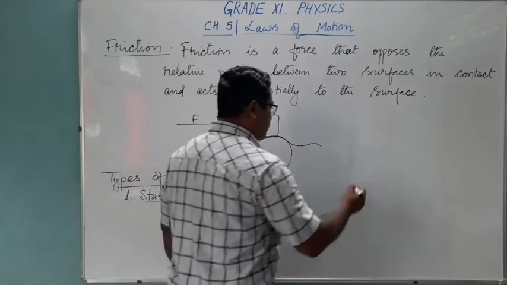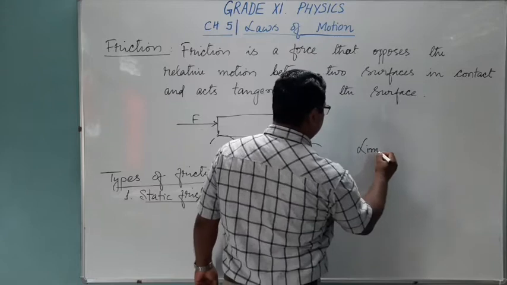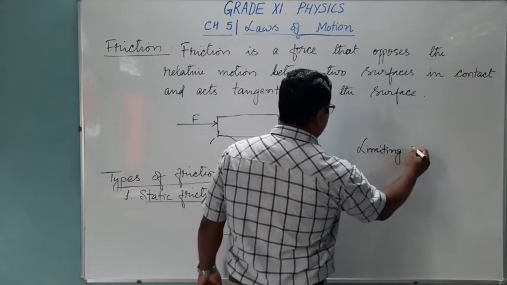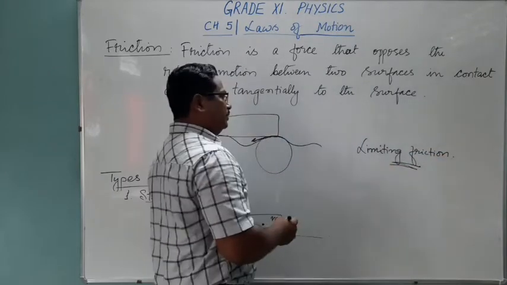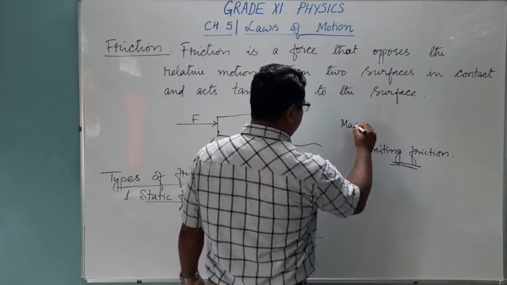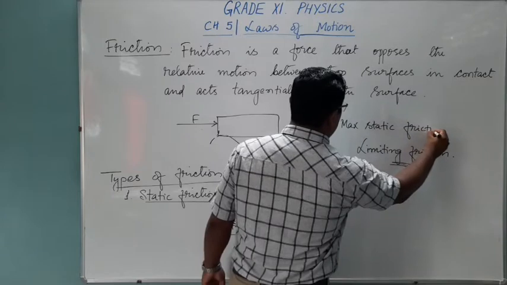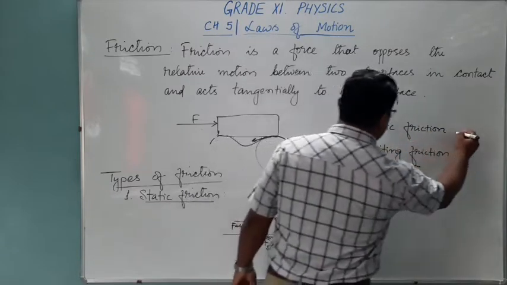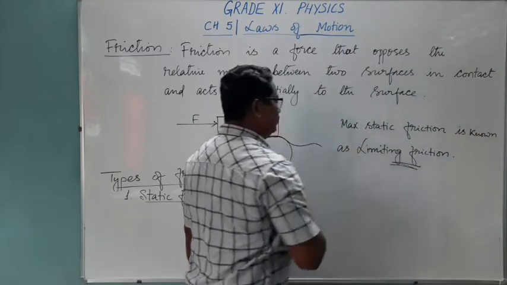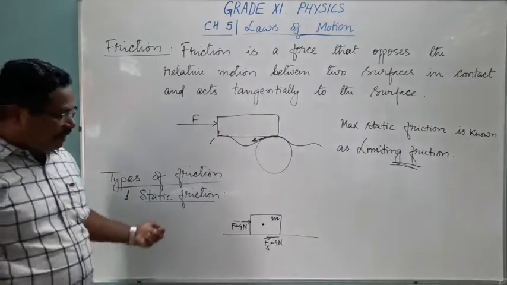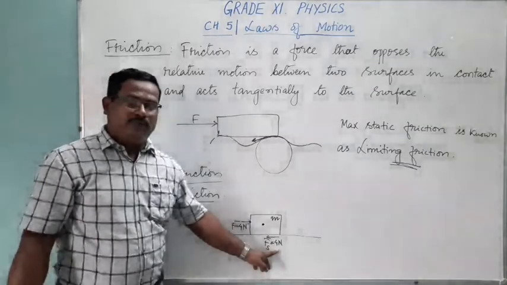So 4 Newton is the maximum static friction, and maximum static friction is known as limiting friction as well. Now if I apply 5 Newton of force, then this friction will not be called static friction.